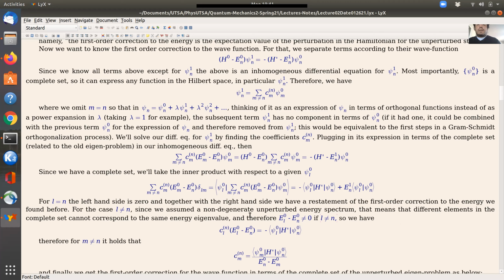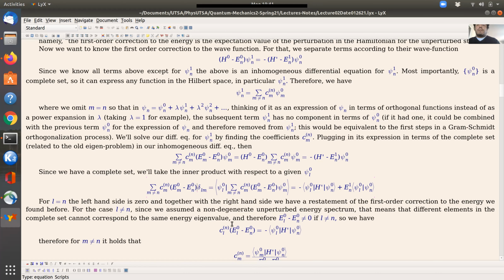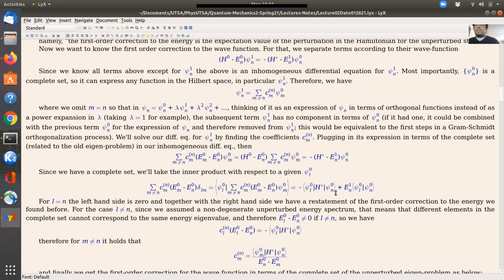Because look, let's say that L is not equal to N. So there is one M, which is L, which is not equal to N, for which this won't be zero. So this is the surviving term over here. Now, L is not equal to N, so this term will vanish. This one, sorry, this one. And you have this other one, right? So the surviving term equal.